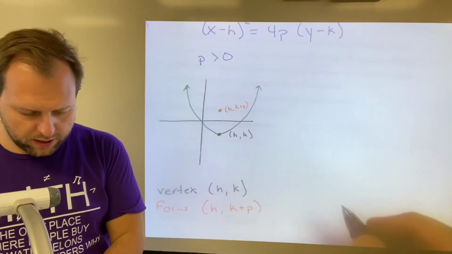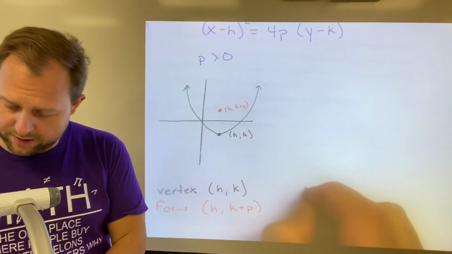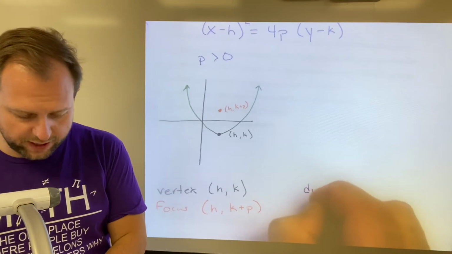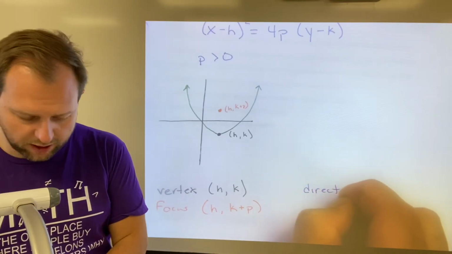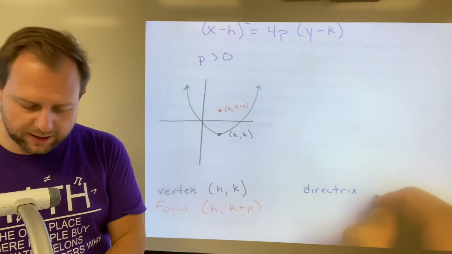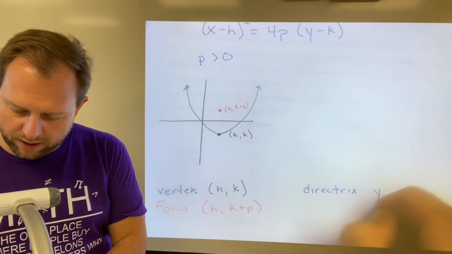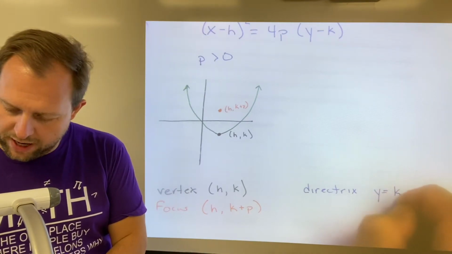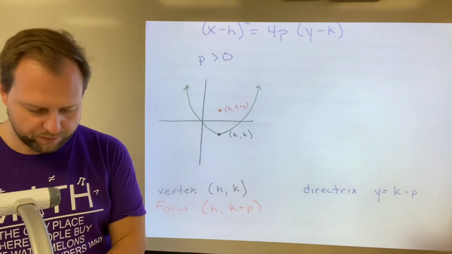A couple other parts we need to talk about. One is the directrix. That's a new term for us, directrix. It's a line whose equation will be y equals k minus p.